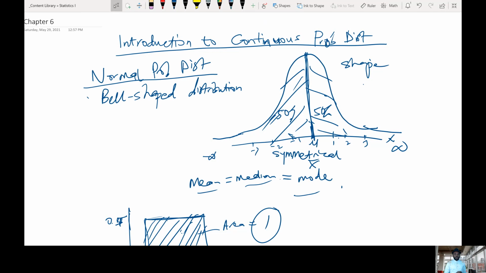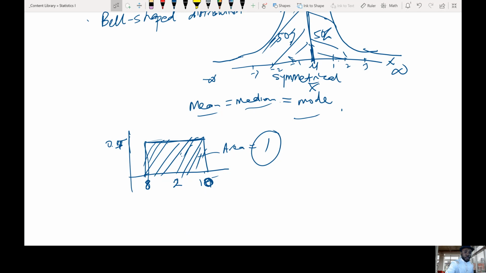The whole area under the distribution is 100%, and what we want to find are different probabilities. So let's say this is 2, and this point here is 9. So let's change this to 9, but the distance is 2. So I have 9 here.